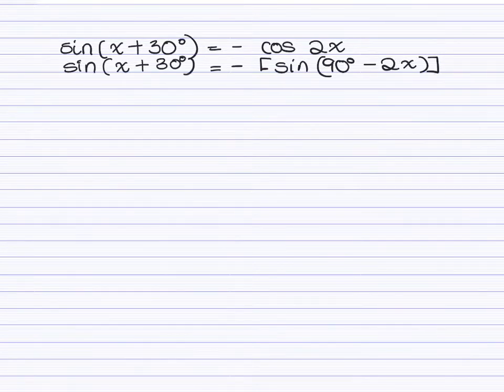What you now have to look at is in which quadrant is sine going to be negative. Sine will be negative in the third and fourth quadrant. Based on that, this will then tell us how to express our general solutions.